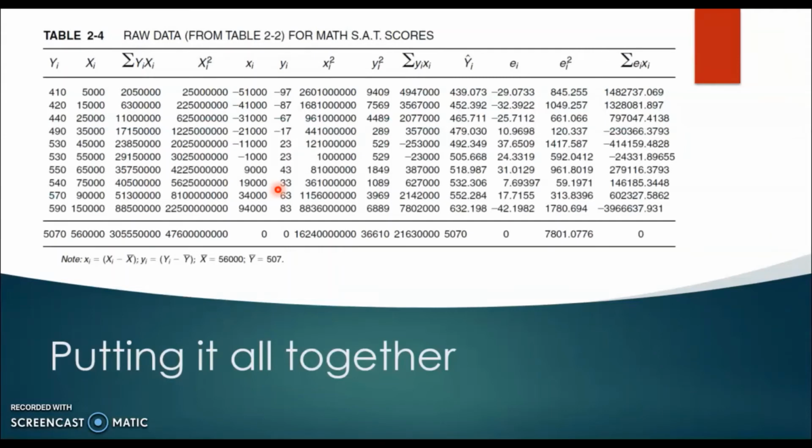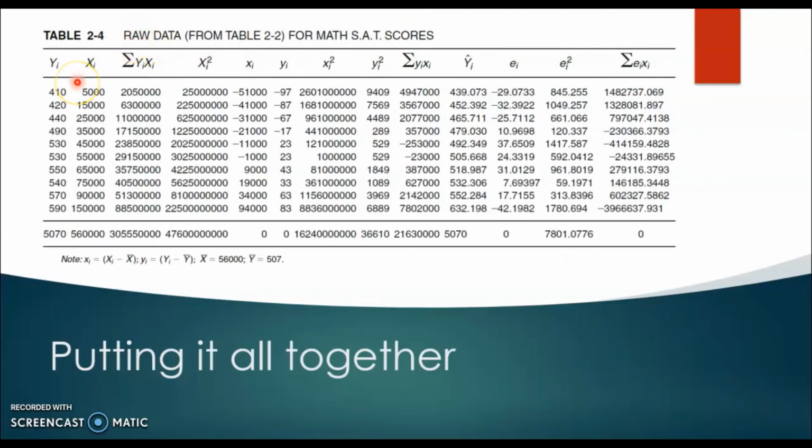To make it clearer, here we have table 2.4. This table 2.4 is retrieved from table 2.2 that we discussed before, and it refers to the math SAT scores based on a sample from that same population of math SAT scores.